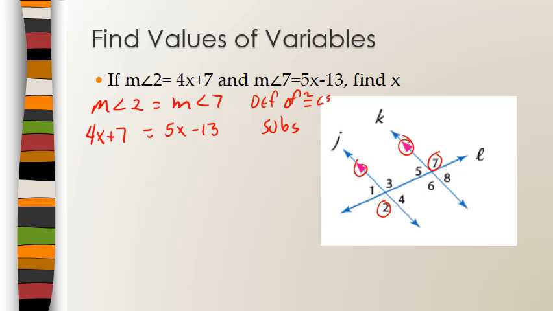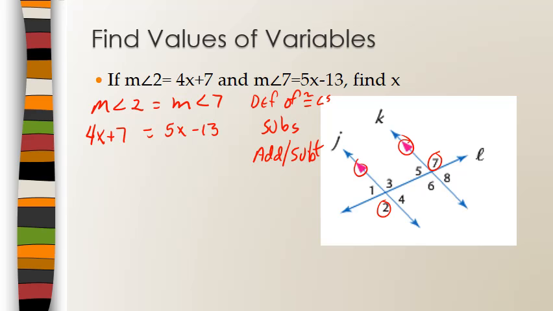Okay, let's see. Why don't we subtract 5x from both sides, and well, let's go the other way and we'll keep our x's positive. Let's subtract 4x from both sides and add 13 to both sides. So we're actually using a little bit of the addition and subtraction property all in one step.